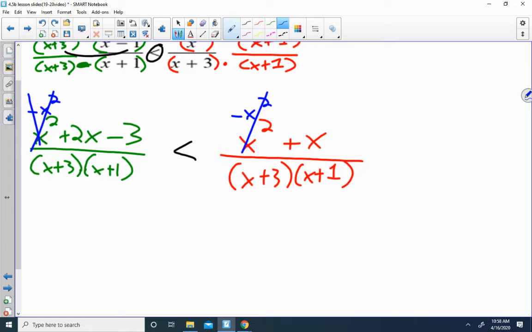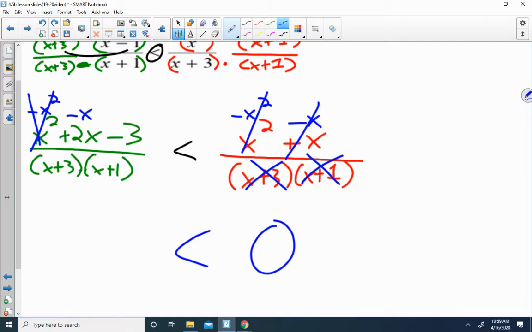Now I need to get rid of this plus x. The opposite operation would be subtracting it from both sides. So everything on the red side canceled, which means the denominator would cancel as well. So nothing is left on the red side, so I'm just going to put that as 0. So 0 less than.